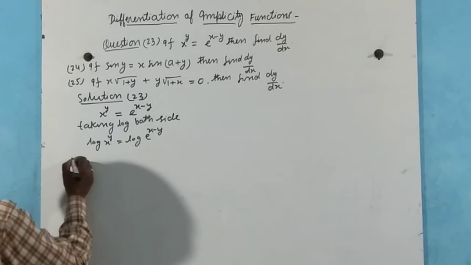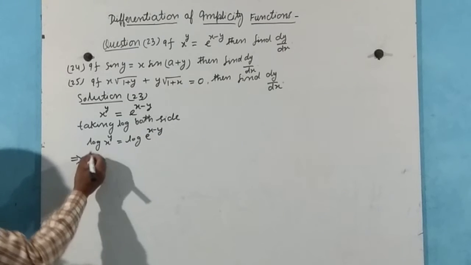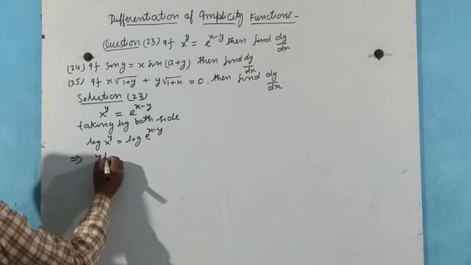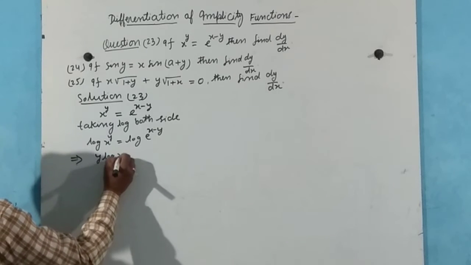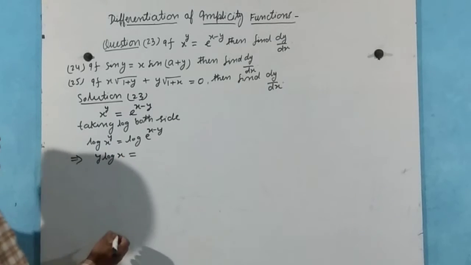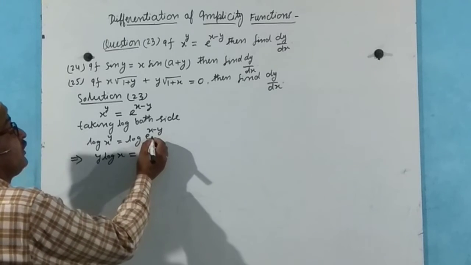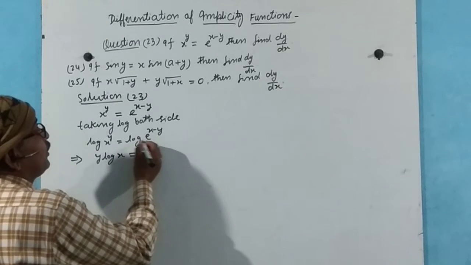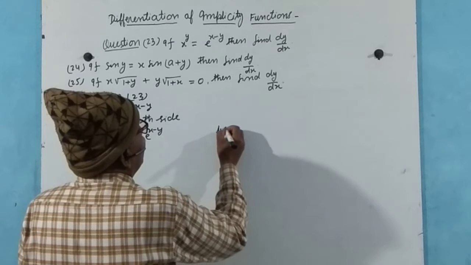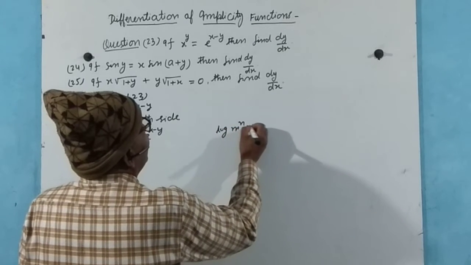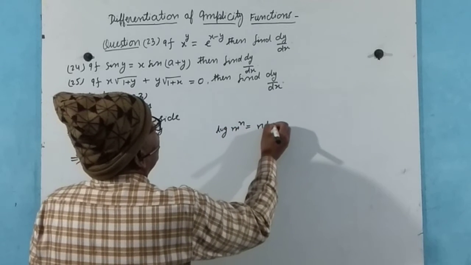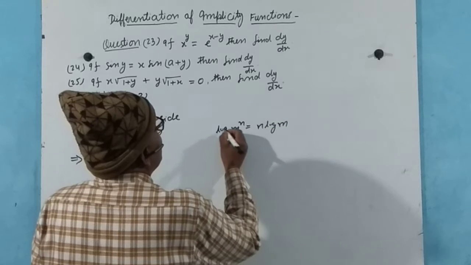Here this can be written as y log x, as log m to power n is equal to n log m.